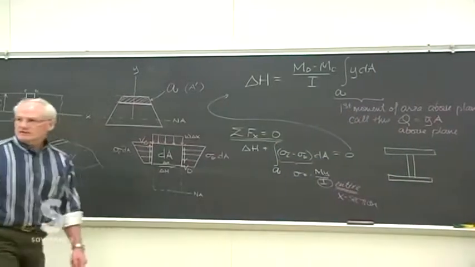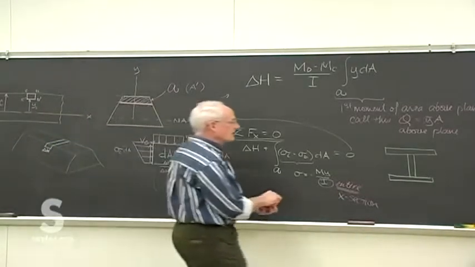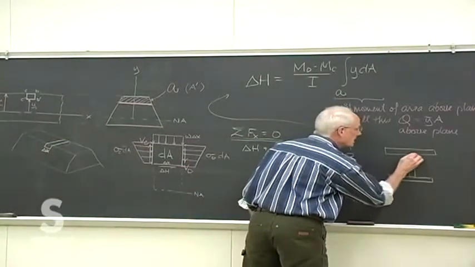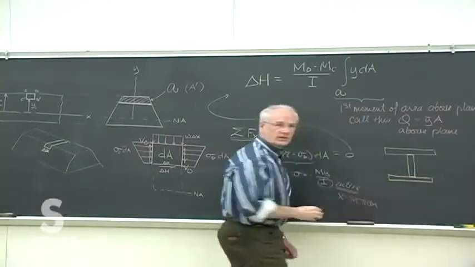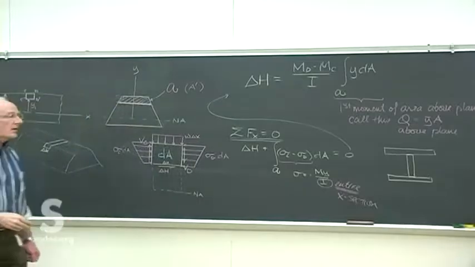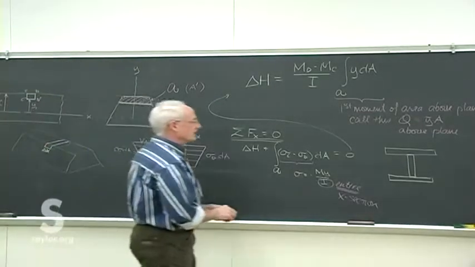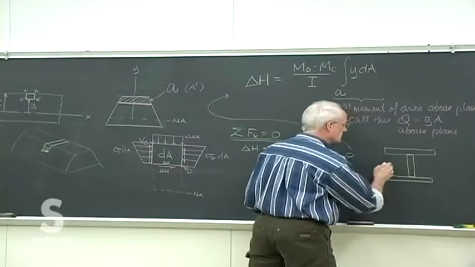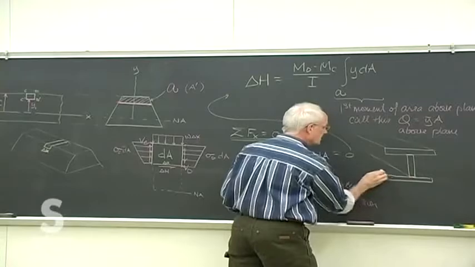You've got a whole bunch of 2x6s or something, and you want to make an I-beam out of them. So you'd put them like that. You'd be very concerned with how you're going to attach these to each other so that they don't come apart at those interface planes where the beams are joining each other.